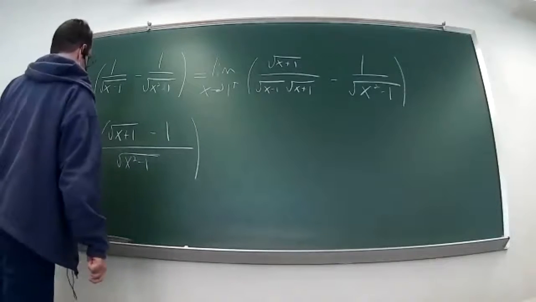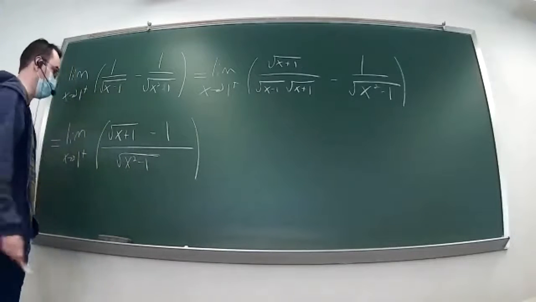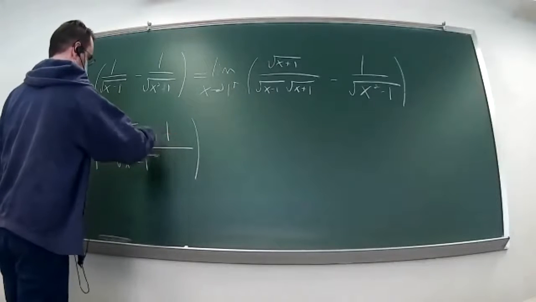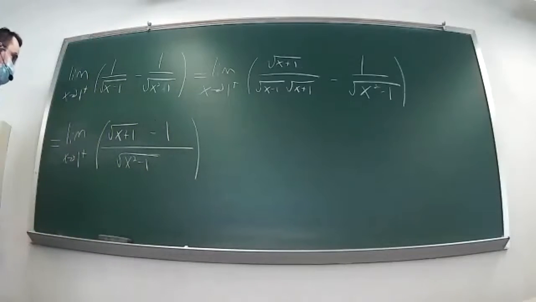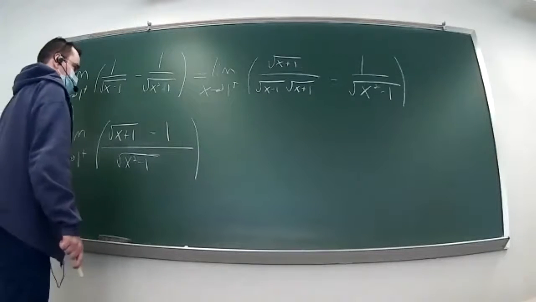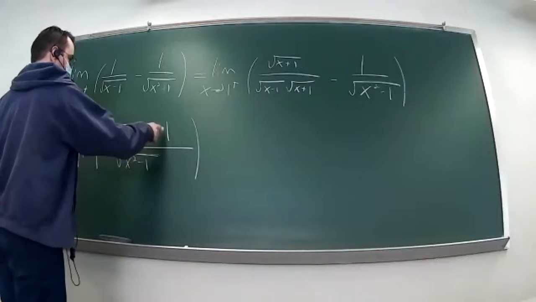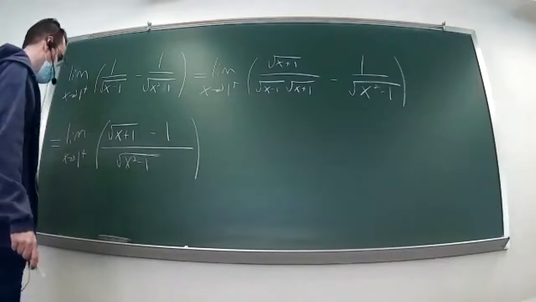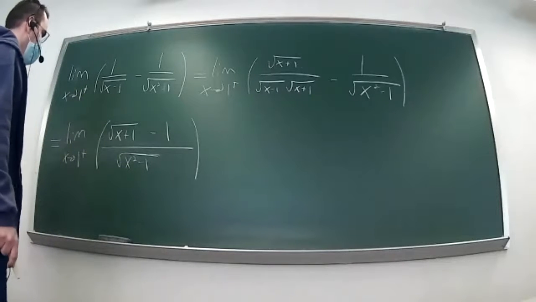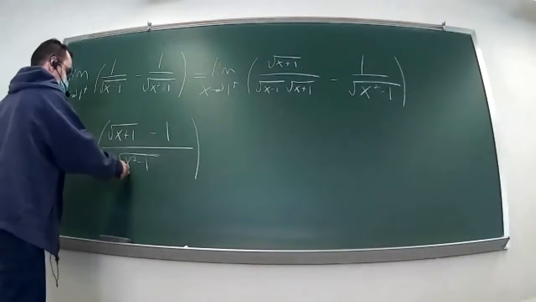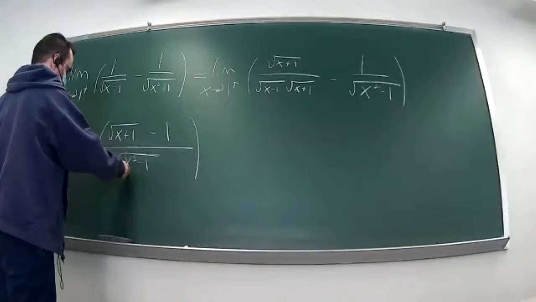Now we'll check and see if it's still indeterminate. So if I plug in x equals 1, I get root 2 minus 1, which is, I don't know, like 0.47 or something like that, or maybe it's like 1.4, but whatever, root 2 minus 1 is some constant. And then when I plug in x equals 1 here, I'm getting 0.